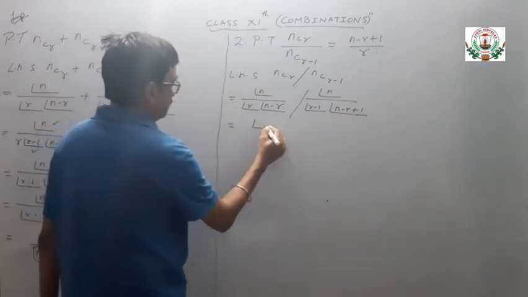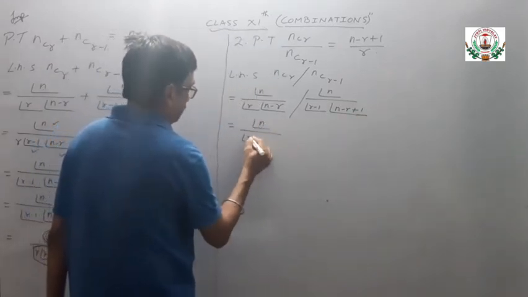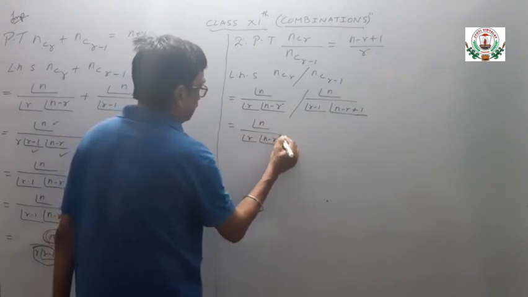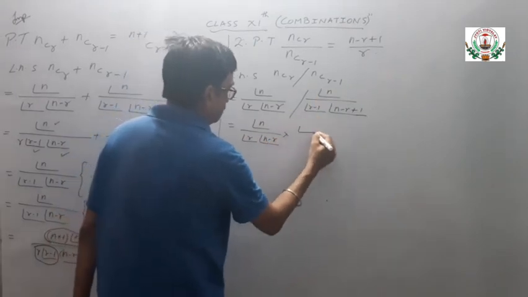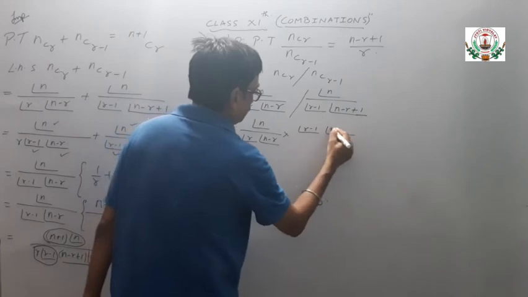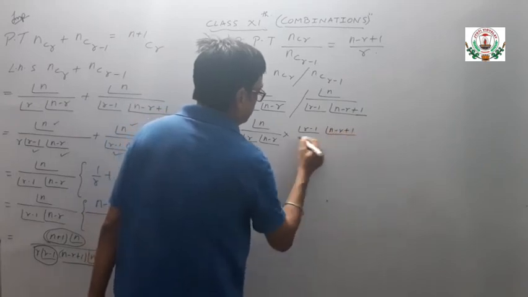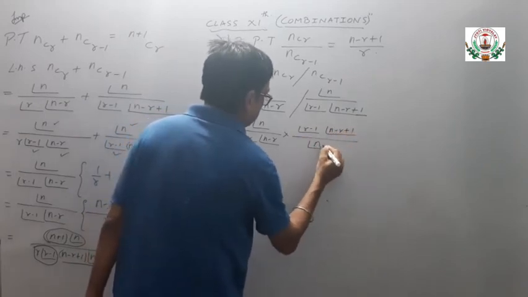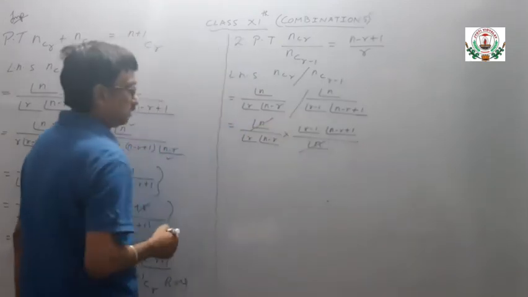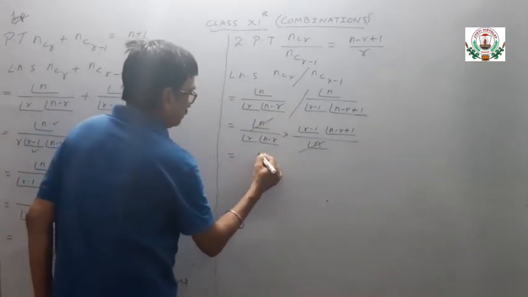So factorial N upon factorial R factorial N minus R, we take the reciprocal: factorial R minus 1, factorial N minus R plus 1 upon factorial N. So this and factorial N cancel out.